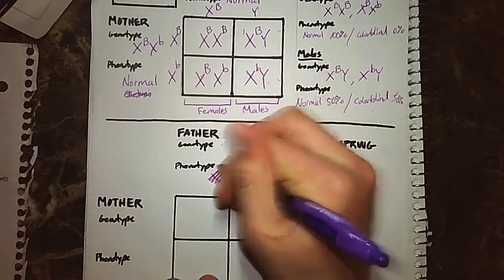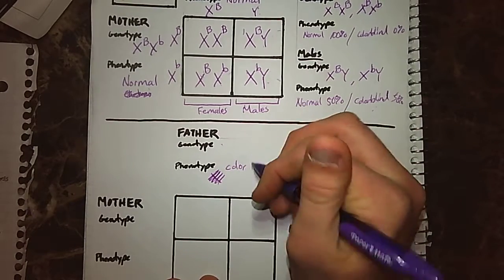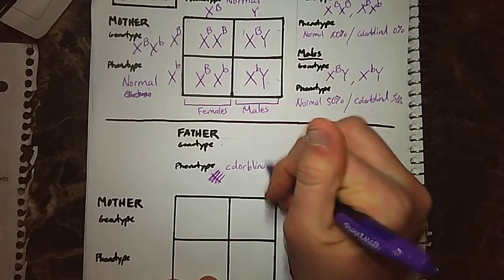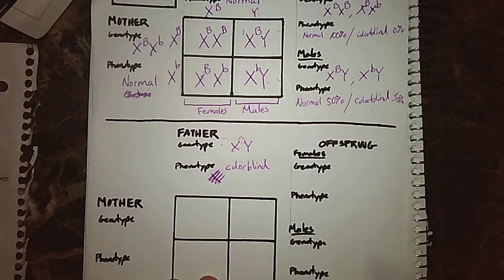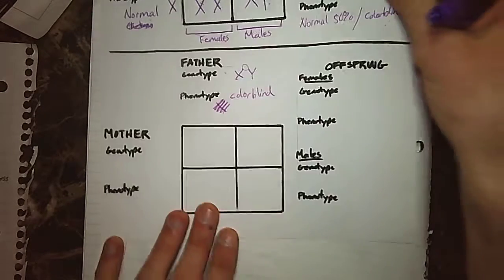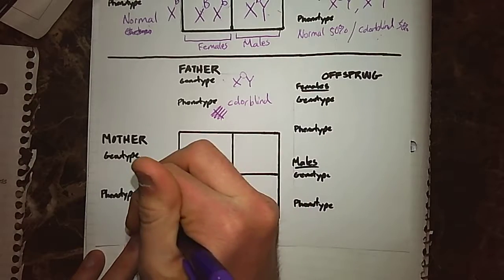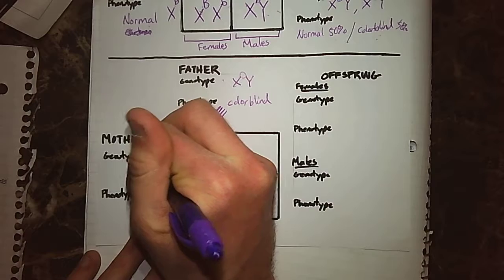I'm going to say the father is going to be colorblind in this case. And he's going to be XY. I'm going to have you guys figure out what he should have there, but he is colorblind, keep that in mind, okay? And for the mother, I'm going to say her phenotype is going to be normal. And I'm going to say she's going to be heterozygous.